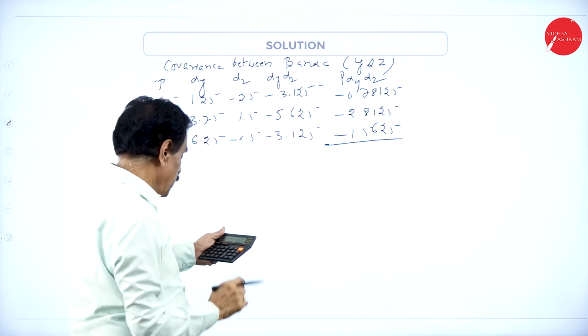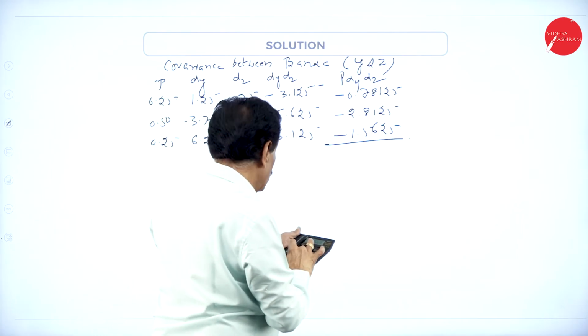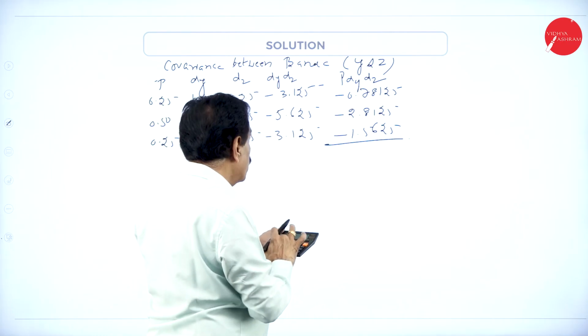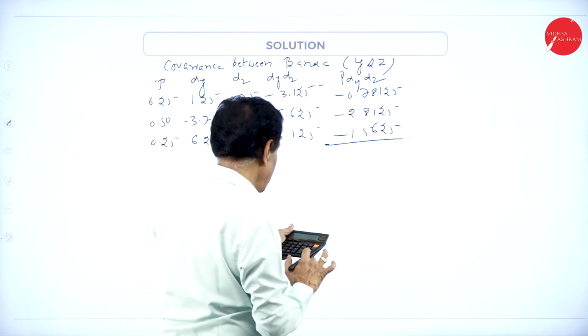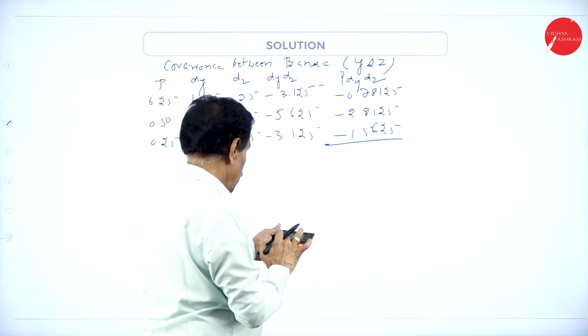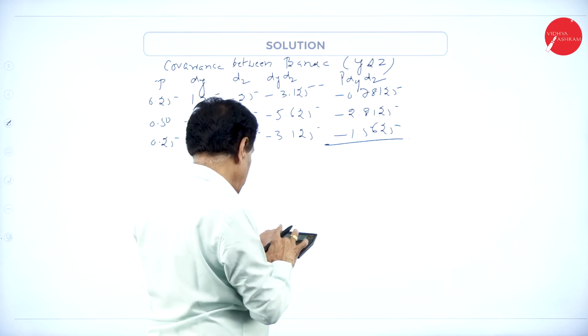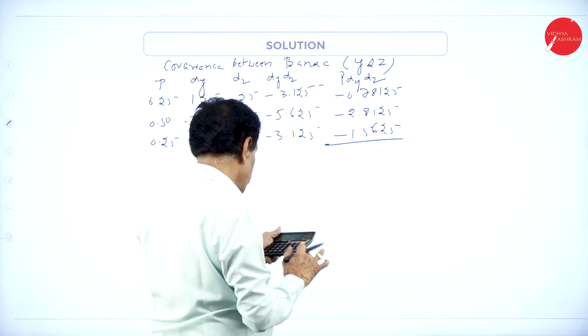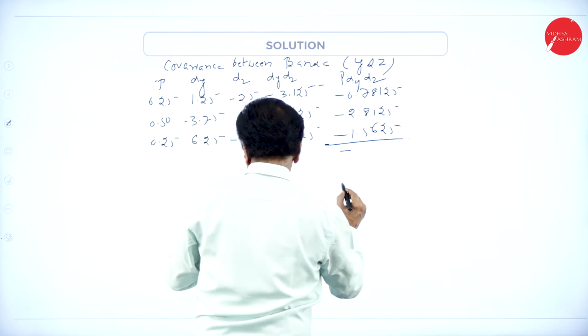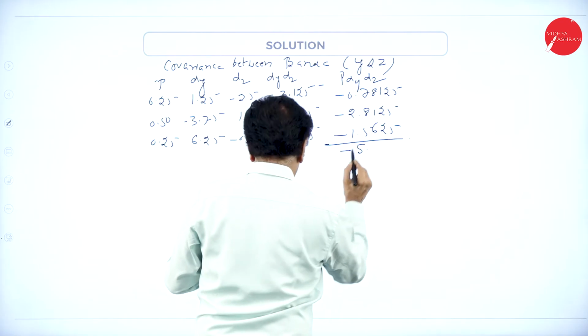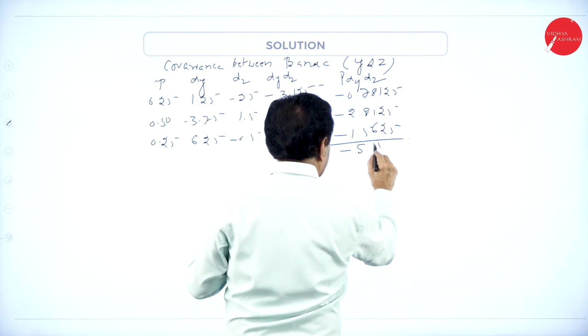So add the figures: 2.8125 plus 0.78125 plus 1.5625 is minus 5.15625.